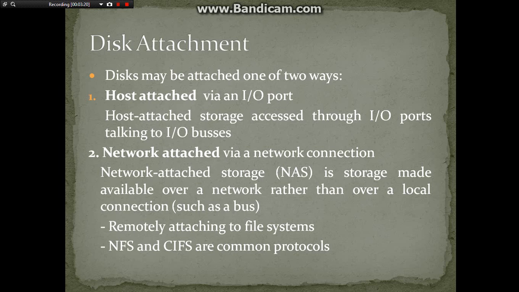Host attached storage is accessed through IO ports talking to IO buses, and network attached storage is storage made available over a network rather than over a local connection, such as a bus, remotely attaching to file systems. And this network attached storage uses NFS and CIFS as common protocols.